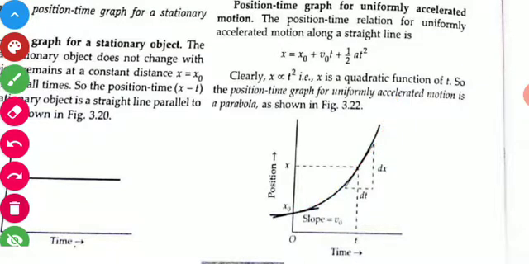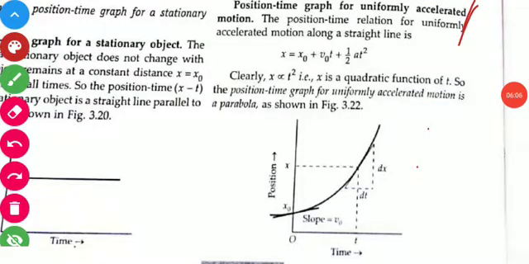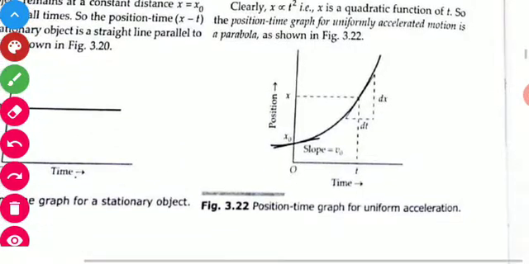So if the slope is increasing, then velocity is also increasing, because the slope of the position time graph gives us velocity. So if velocity is increasing, then we can say this is accelerated motion.